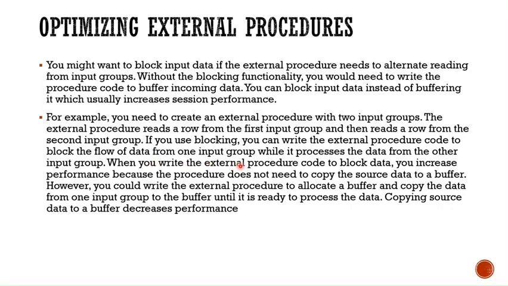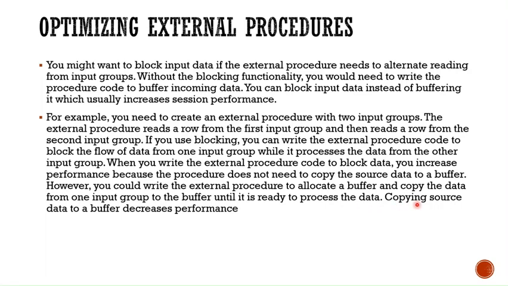When you write the external procedure code to block data, you increase performance because the procedure doesn't need to copy the source data to a buffer. However, you could write the external procedure to allocate a buffer and copy the data from one input group to the buffer until it is ready to process the data.